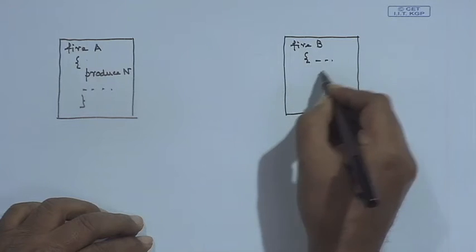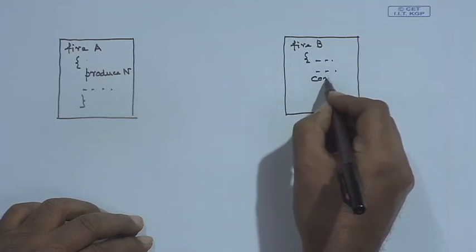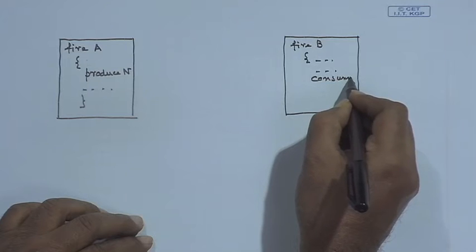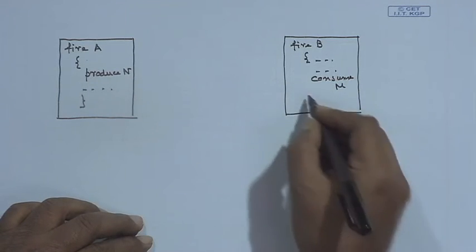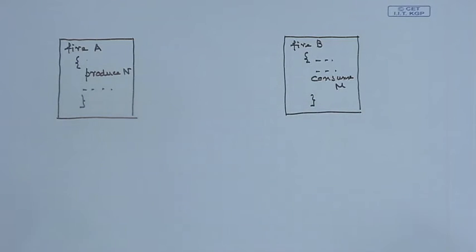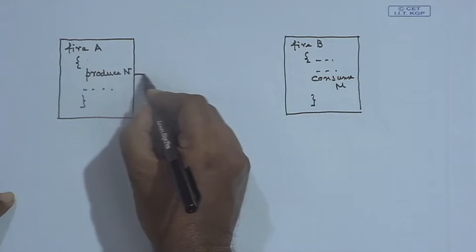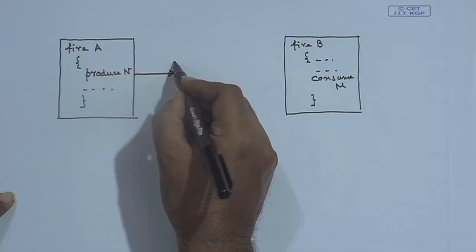So, consume something M is producing N, it is consuming M, all right. You are aware of the producer consumer problem typically, and here is a channel, and channel is nothing but a FIFO buffer.